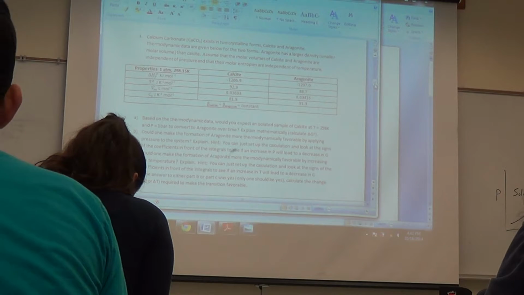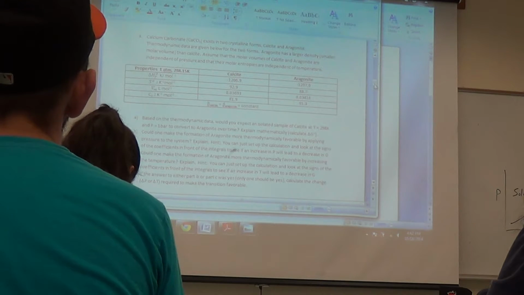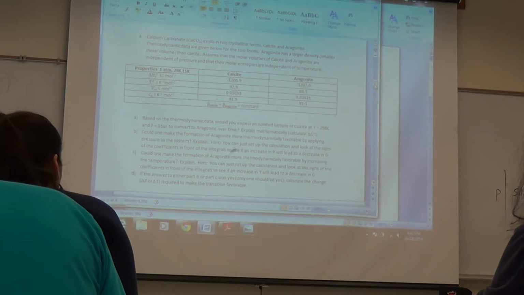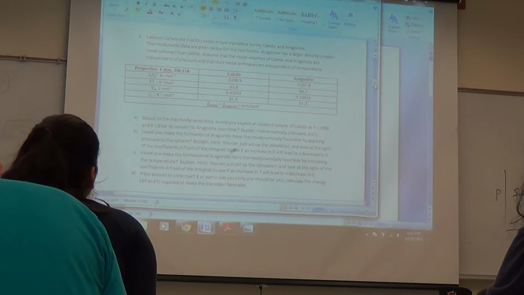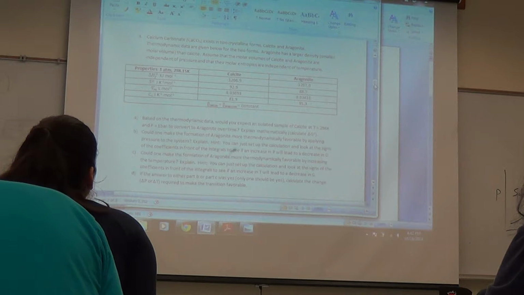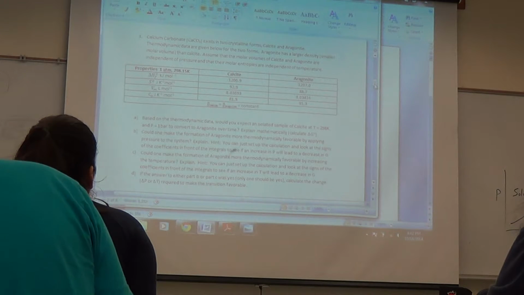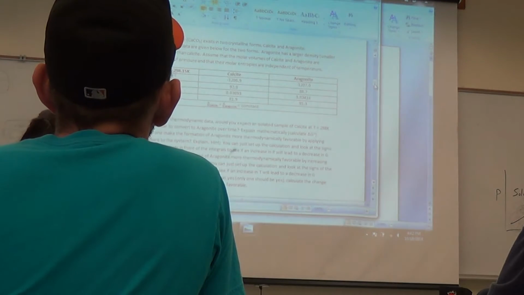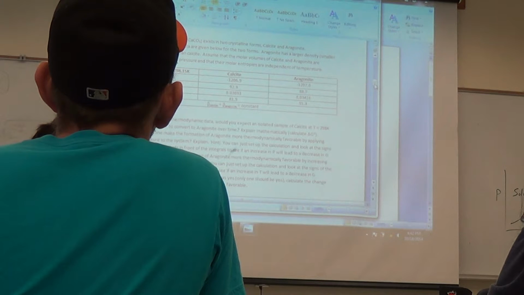What's delta G? Yeah, so I'm basically just asking you here to write delta H for the reaction, write delta S for the reaction, and tell me what delta G is. Yeah? So that's part one.